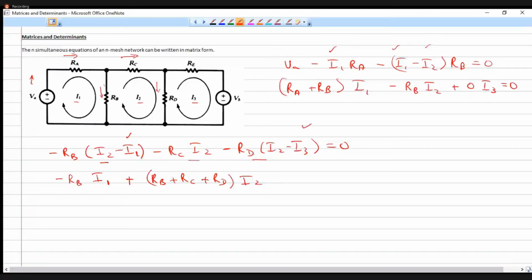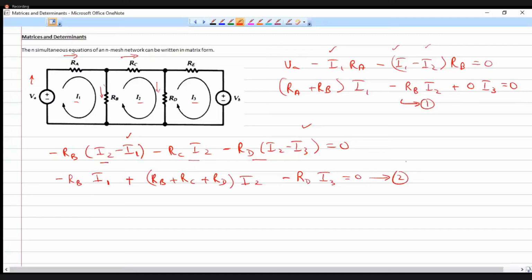I have plus RD into I3. Bringing it to the other side, it will become minus RD into I3, is equal to 0. Are you following what I am doing? Yes, sir. Just simplifying it and bringing it to a form like this. So this is the first equation.